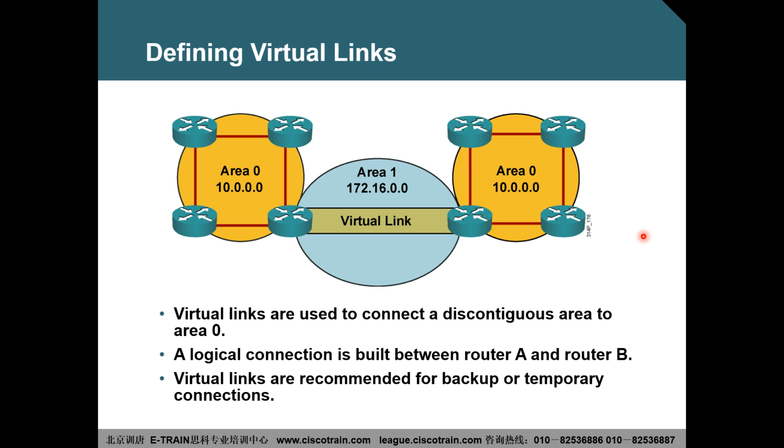Likewise, for one autonomous system in OSPF, there should be only one backbone area, area 0. There should be only one. So virtual links are used to connect a discontiguous area to area 0. But the picture is not saying that. The picture is saying area 0 itself is discontiguous. So first of all, let us learn what is there in the picture.